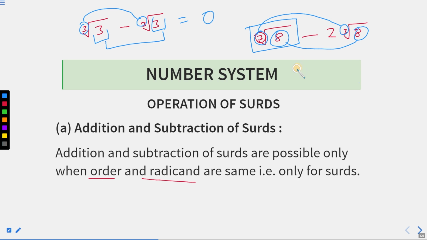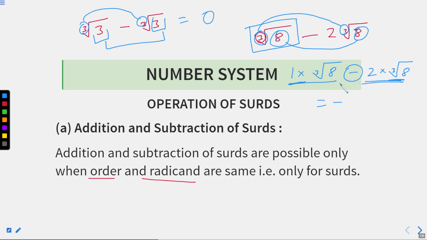So 1 multiplied by the cube root of 8 minus 2 multiplied by the cube root of 8. I will be left with the bigger value, so the sign is minus. Here the cube root of 8 is 1 time, there the cube root of 8 is 2 times.